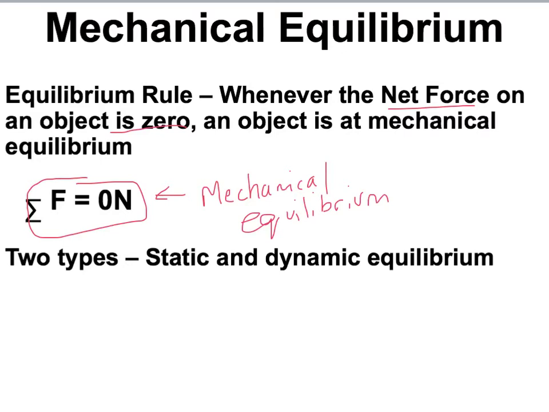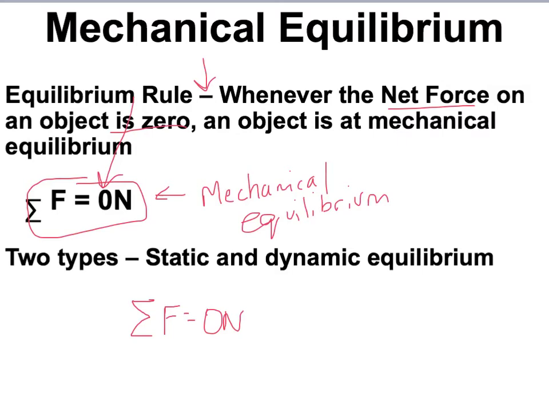And we'll look at some examples in just a minute, so if you're feeling a little bit confused, it's okay. For right now, I want you to know that the equilibrium rule says that the net force on an object is 0, and that can be expressed in words like it is up here, or as an equation, just like it is down here. So this equation, if you remember, net force, or the sum of all forces, equals 0 newtons.